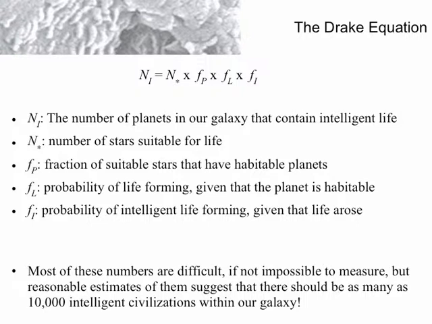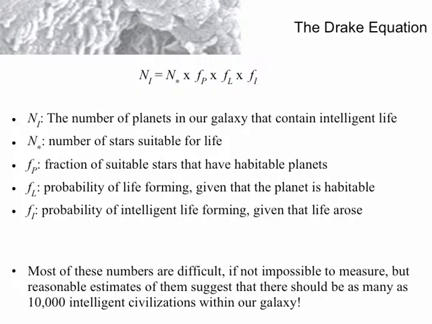And then you need the probability that inhabitants, those life forms, have evolved to the point of intelligence and being able to contemplate their position in the cosmos like we can. So when you factor in all of these things, you come up with an equation.